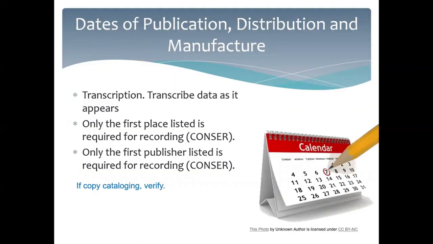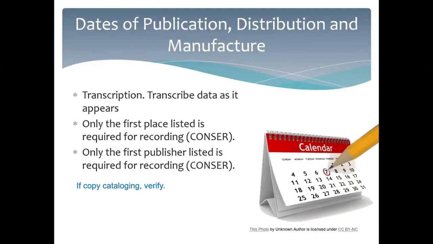So, if you have a long list of publishers or a long list of publishing locations, like Miami, New York, Seattle, a lot of people would just put in Miami, and they're not going to go all the way down the list. Because it does make more work, and I think it makes it a little harder to parse out the data sometimes by putting them all in.